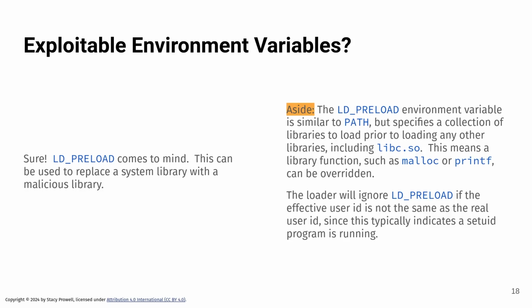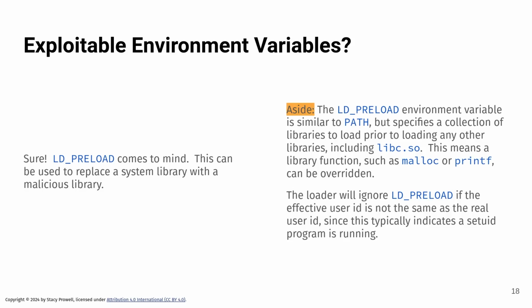Then, when this thing runs, because LD_PRELOAD is set, and it's running as root, it will load my malicious code in. And I could name my malicious functions things like malloc or printf. So when it tries to call malloc or printf, before it gets to the standard library one, it gets to mine first because it was preloaded. It's the first thing in the search path, and it runs my malicious malloc or my malicious printf.